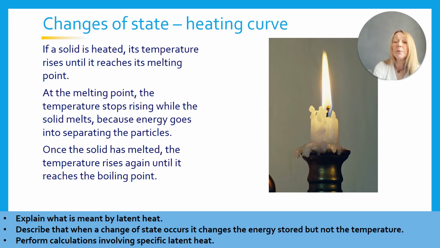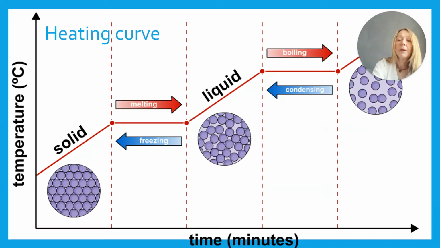So during that period of time there is no rise in temperature. And again, when a liquid is changed to a gas, all of the energy that's been inputted is being used to break the bonds in order for that material to change from a liquid to a gas. There is no change of temperature whilst the change of state is happening.